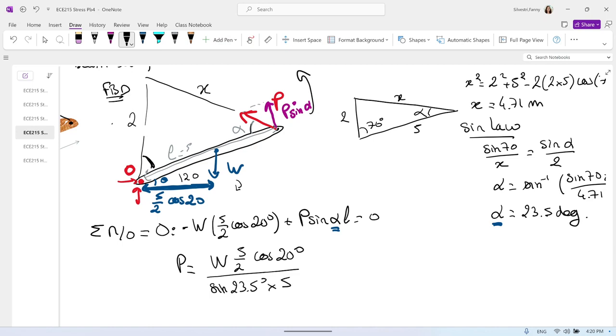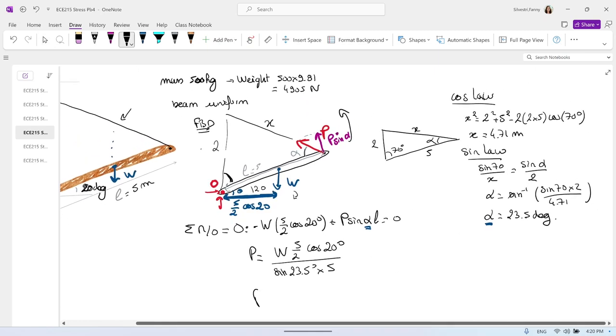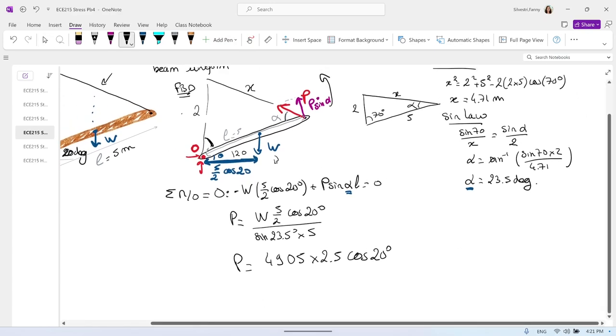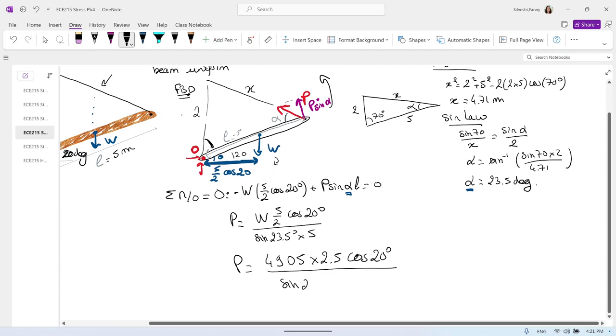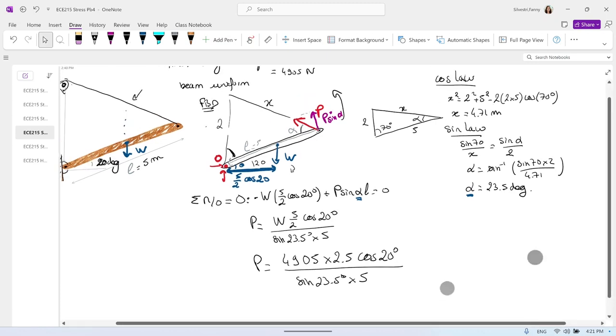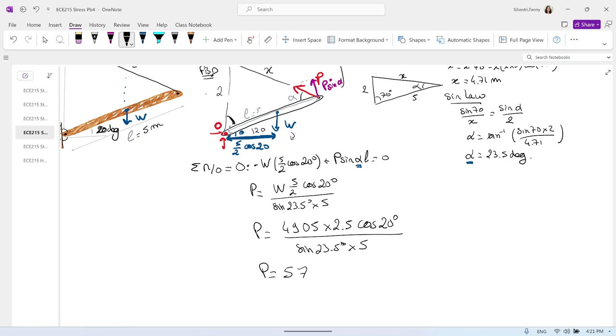And remember the W, that was 4905. So 4905 times 2.5 times cosine 20 degrees divided by sine 23.5 degrees times 5. A good little review of statics problems with an equation of moment, right? We get P, that is the force in the cable, of 5,772 Newton.